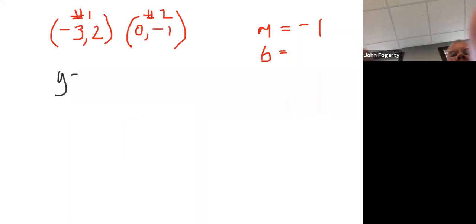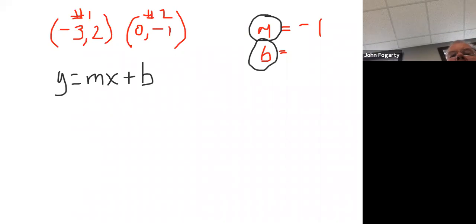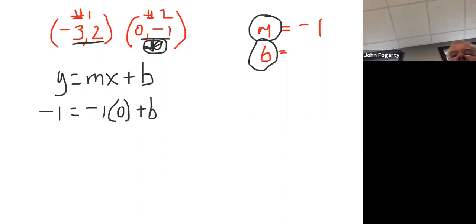Y equals mx plus b. I already know m, so now I'm trying to find b. I'm going to use this one over here because if I put a 0 in somewhere, it's going to make things really easy. So y is -1 equals the slope m, -1 times 0 plus b. So I get -1 equals b.